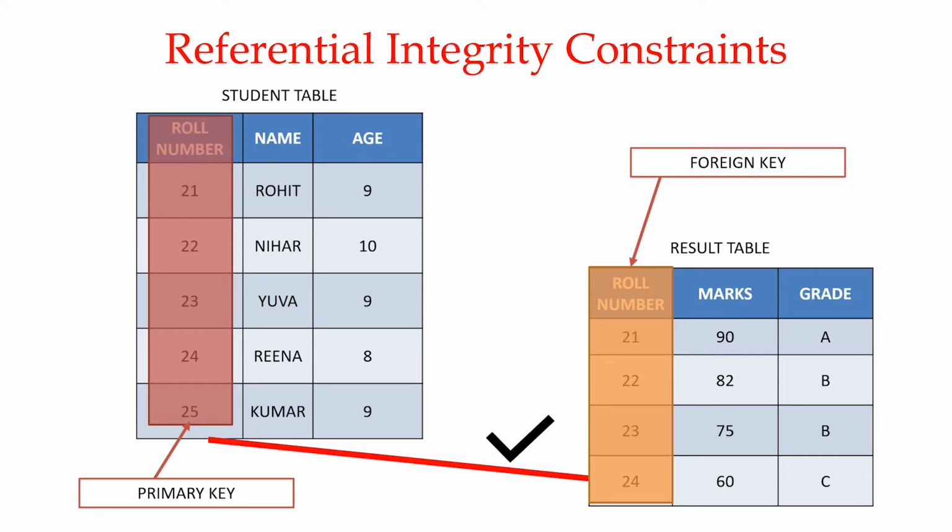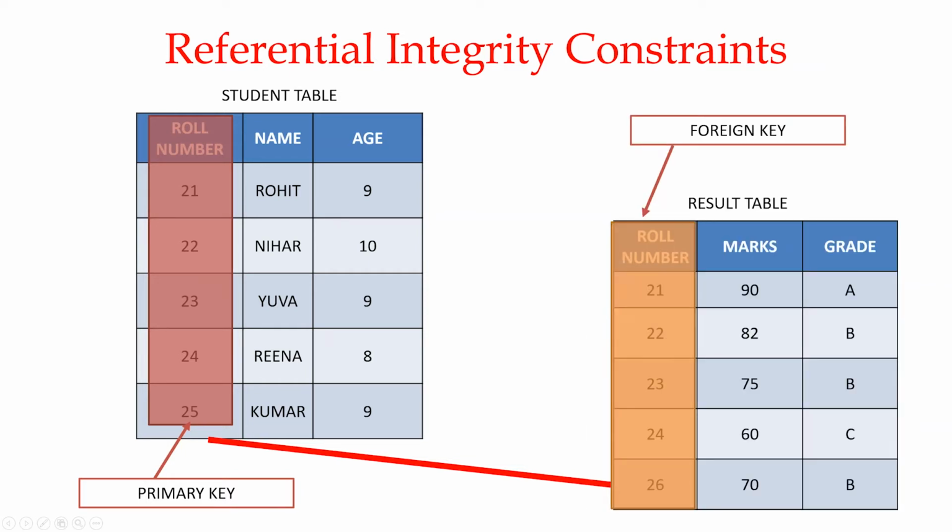For example, consider the situation here. There are 5 entries in the primary key of the parent table, and there are corresponding entries in the foreign key as well. But in the next situation, a key has been entered with the number 26. For 26, there is no reference in the primary key table.